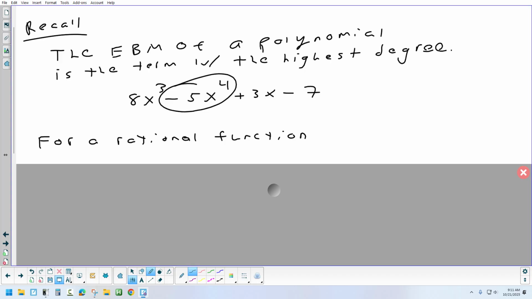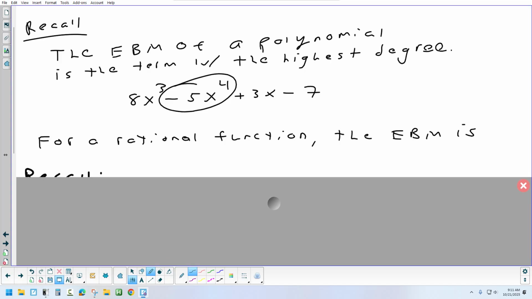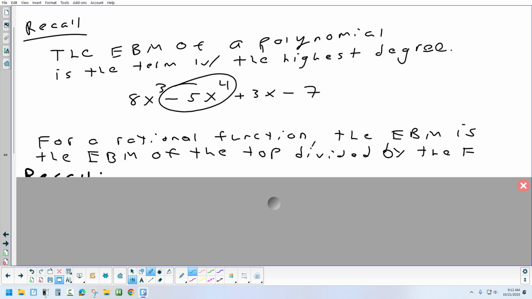So for a rational function, the EBM is the EBM of the top divided by the EBM of the bottom. That's the EBM of the entire thing.